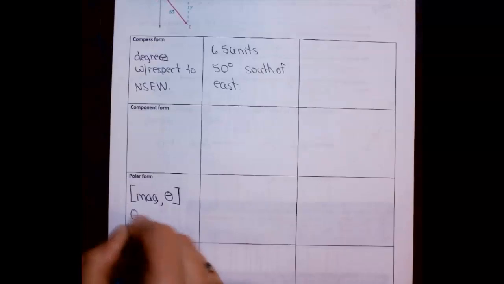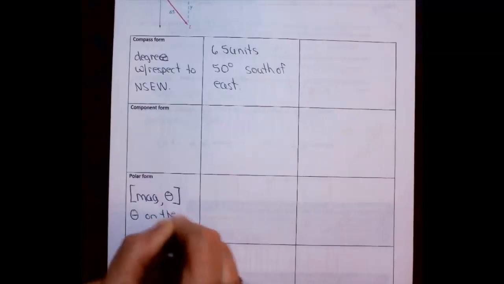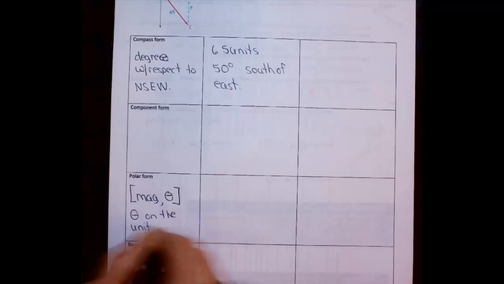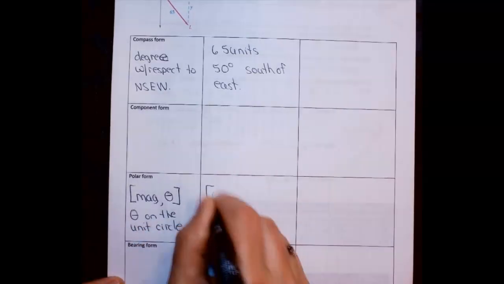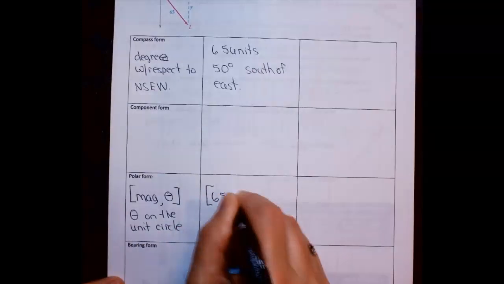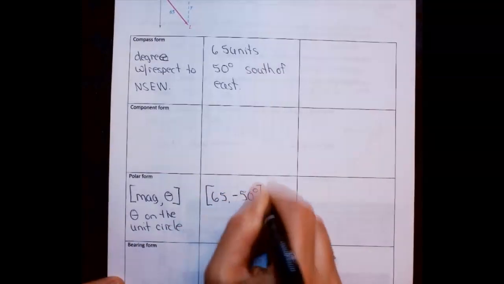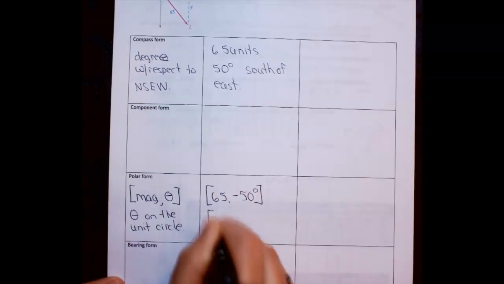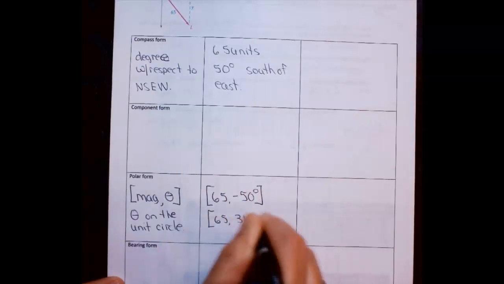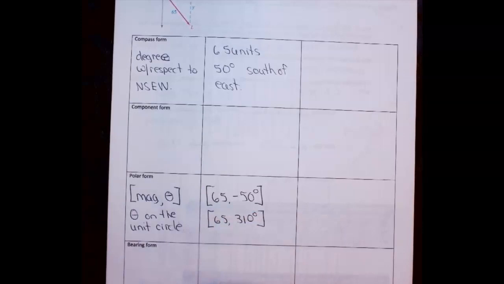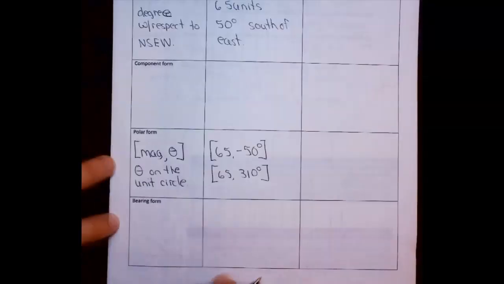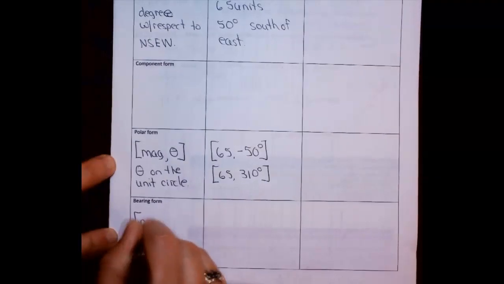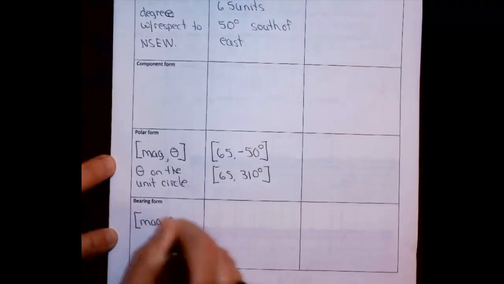The only thing you have to remember is that theta is on the unit circle. So in this particular case, our magnitude is 65. We would either do negative 50 degrees, or if we go all the way around the unit circle, that would be 310 degrees.